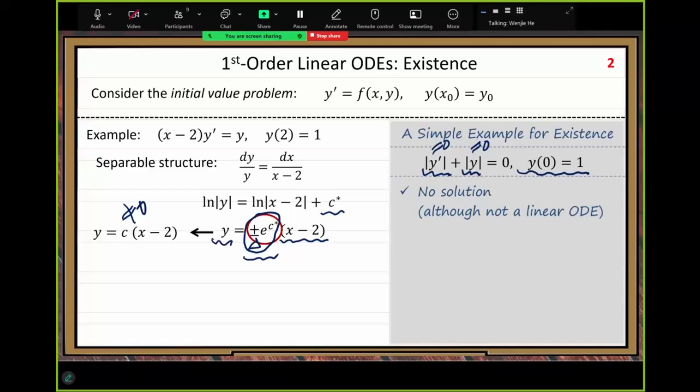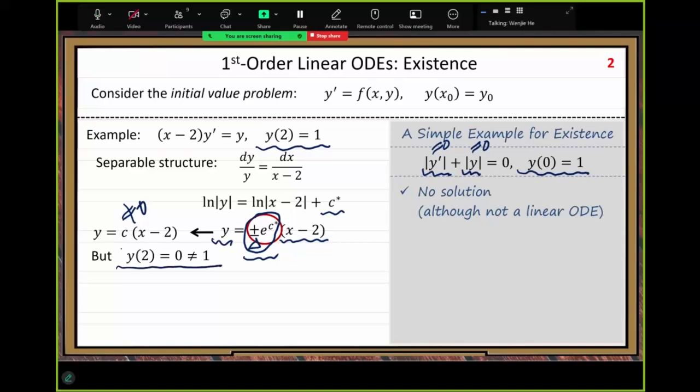But after we get the solution, let's plug in the initial value, y of 2 equals 1. We want to determine that little c. But when we plug in, we get a contradiction.